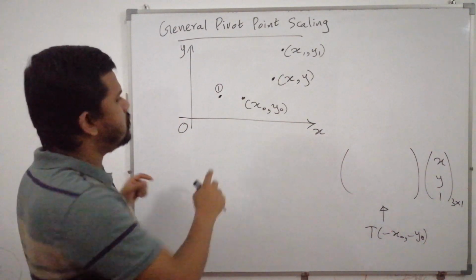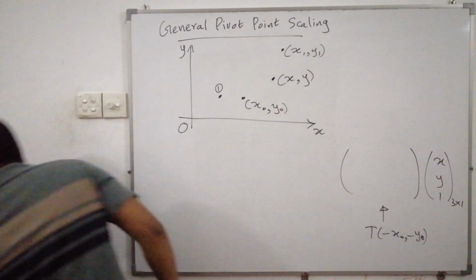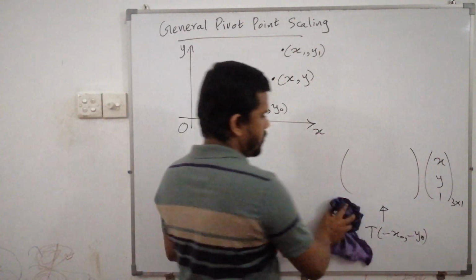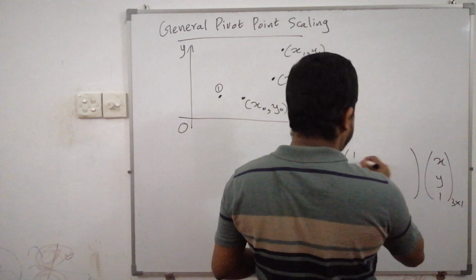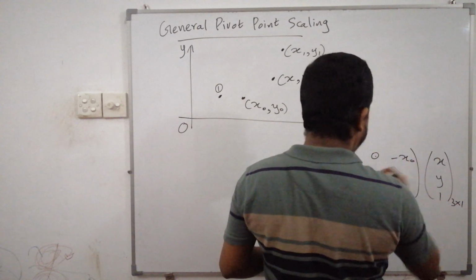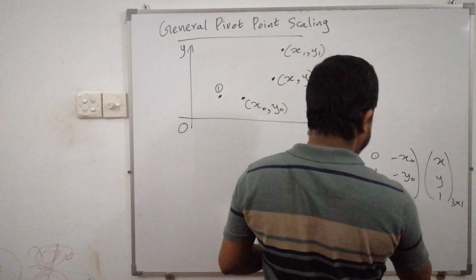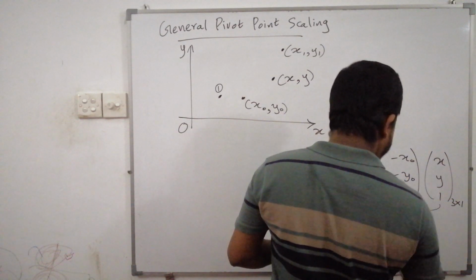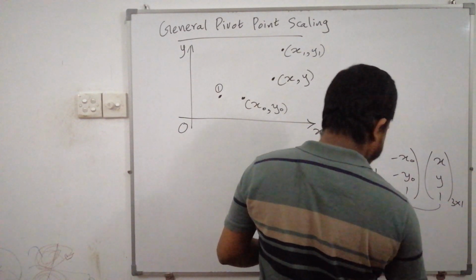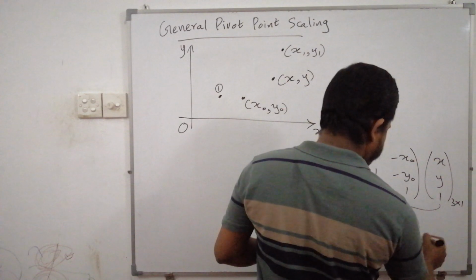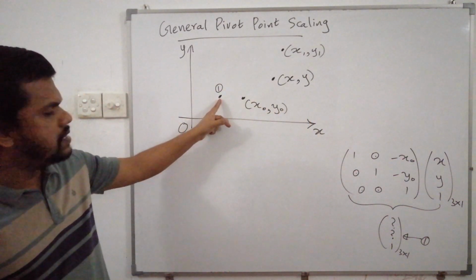Once we have applied this matrix, 1 0 minus x naught, 0 1 minus y naught, 0 0 1, we will get the matrix that represents this point.